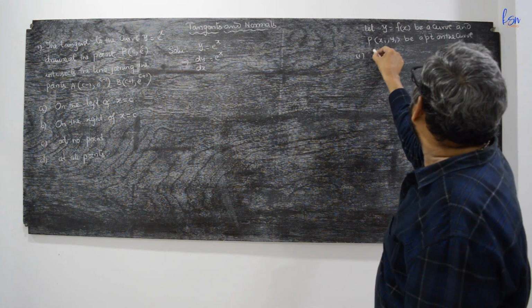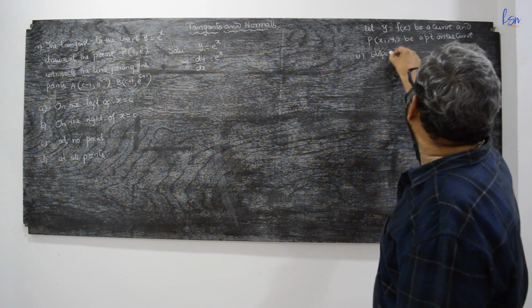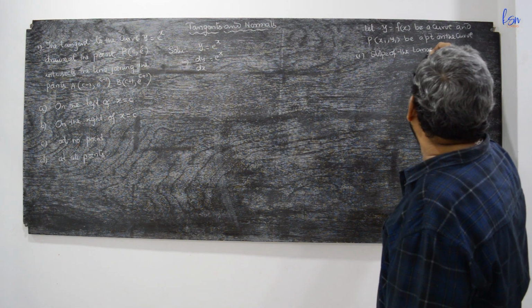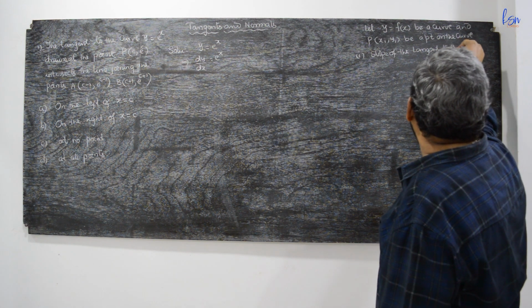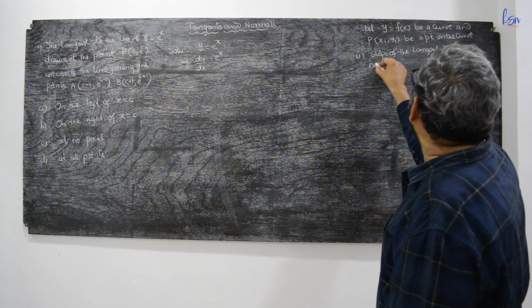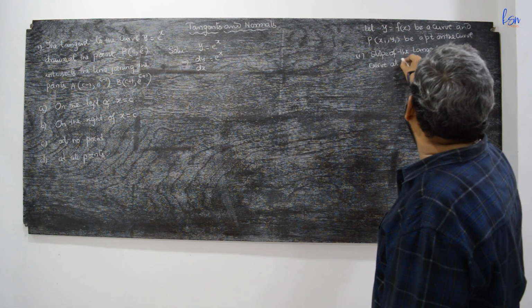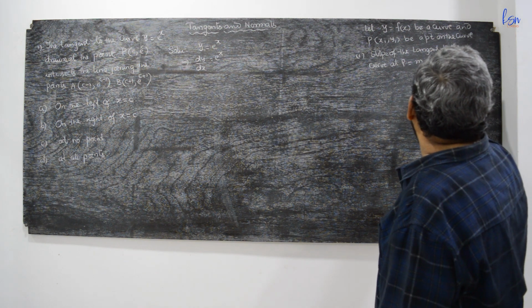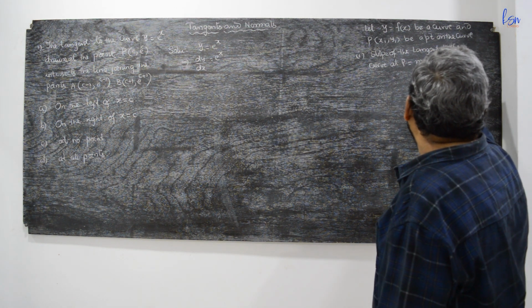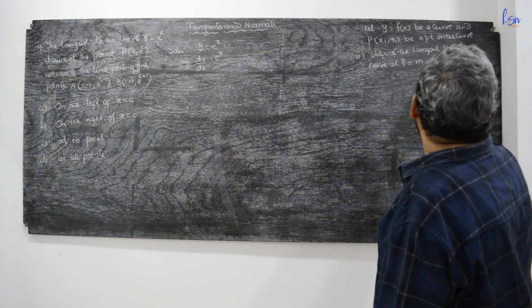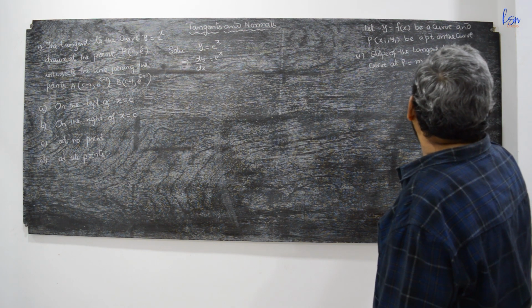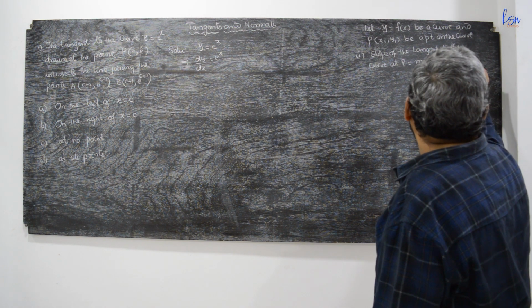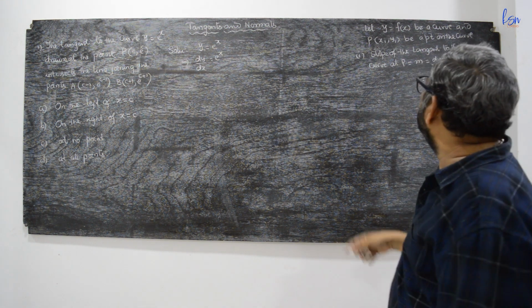Number 1, slope of the tangent to the curve at P is equal to m is equal to dy by dx at P is equal to f dash x at P is equal to f dash x1.